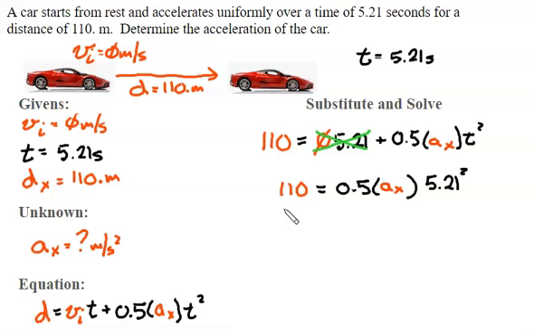And so when I do the math to figure out 5.21 squared, I get the number 27.1441. And all the rest stays the same.